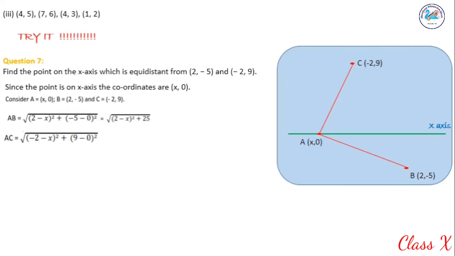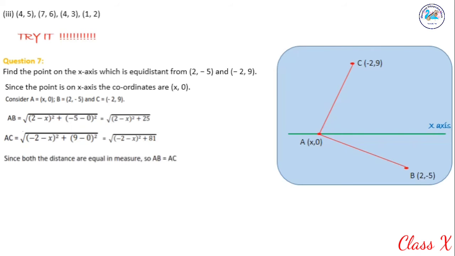Now we move to calculate AC. AC is equal to the root of (-2 minus x) the whole square plus (9 minus 0) the whole square. Go for the calculation: (-2 minus x) the whole square plus 9 square, which is 81.